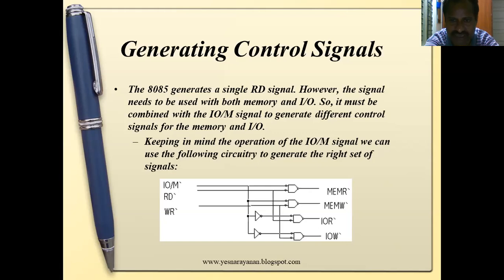These 4 are the control signals. It accepts 3 inputs and generates 4 outputs: memory read bar, memory write bar, IO read bar and IO write bar.